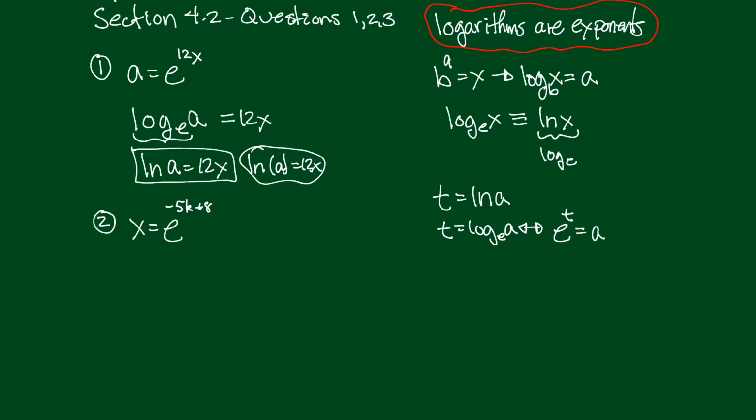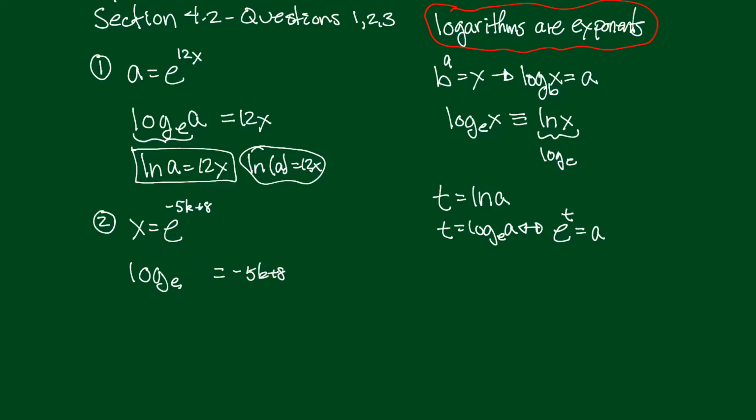Let's convert this expression here, number 2, to a logarithmic form. It's exponential now. And I'm going to do it by reading this. The logarithms are exponents. So the logarithm is the exponent. I'm going to say the logarithm, base e, because that's our base, is the exponent. The exponent is negative 5k plus 8. So the logarithm, base e, is the exponent.